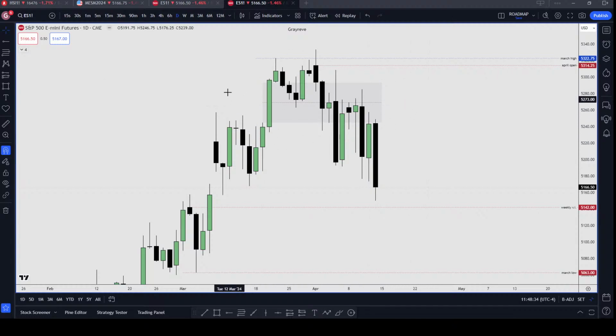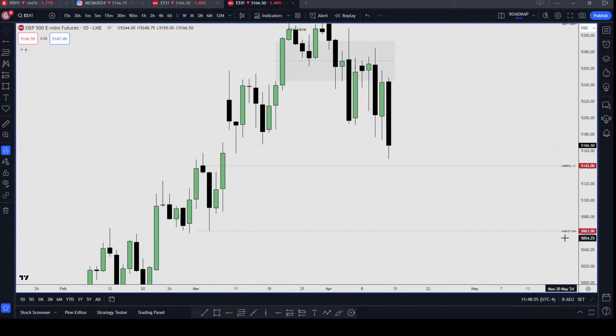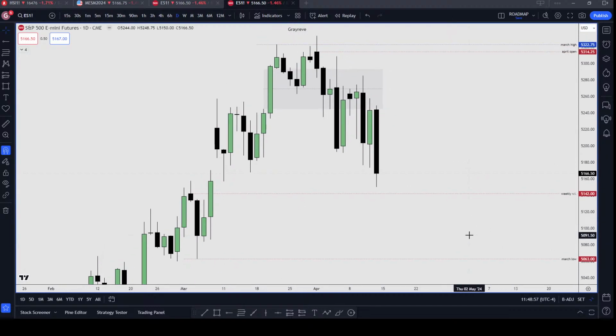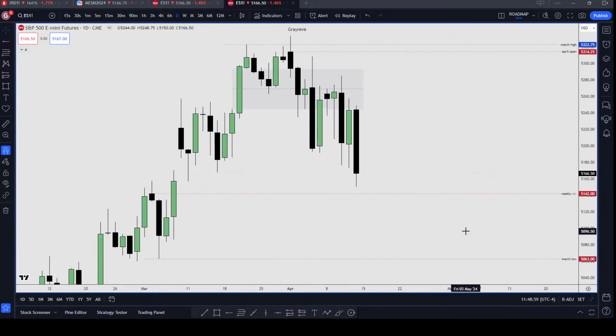So to me, ES has better price action compared to NQ. Okay, so the weekly volume imbalance is right here. We still have quite a lot of inefficiencies that can be tapped into from this low. So I believe this is the next low-hanging fruit, and we'll see if it wants to attack March low. It looks like it can attack March low.